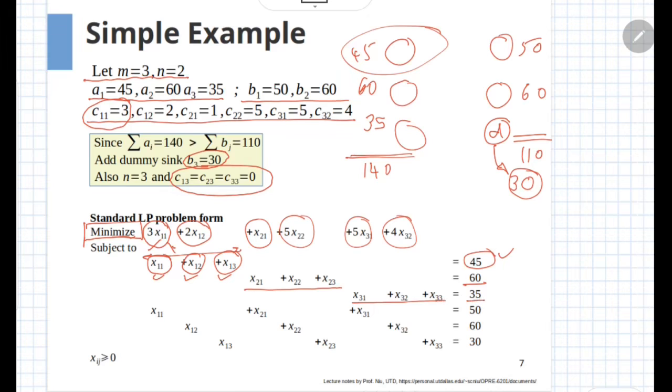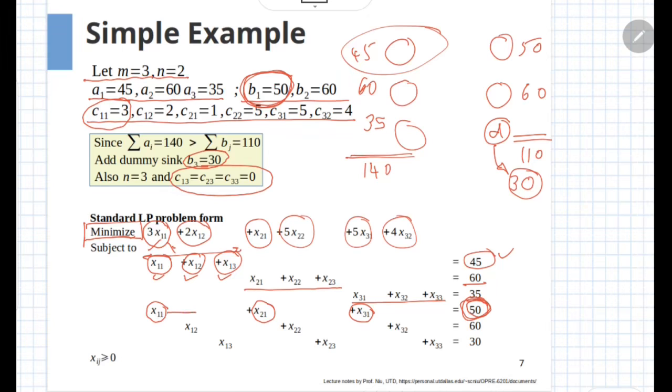The second level of constraints is looking from the destination side. The quantity demanded by the first destination is 50. So this 50 quantity is getting supplied in terms of x11 quantity from first origin, x21 quantity from second origin and x31 quantity from the third origin.